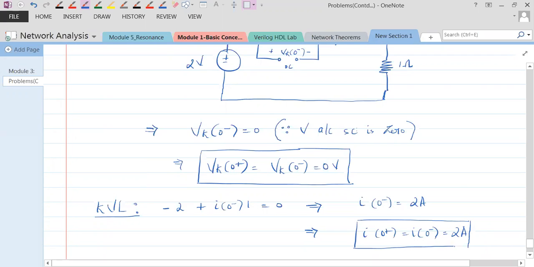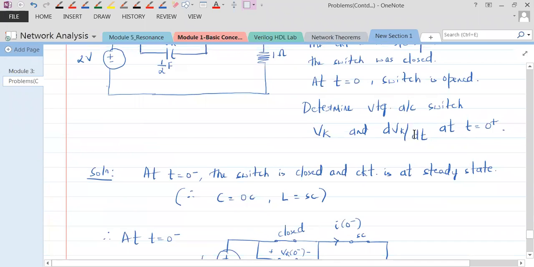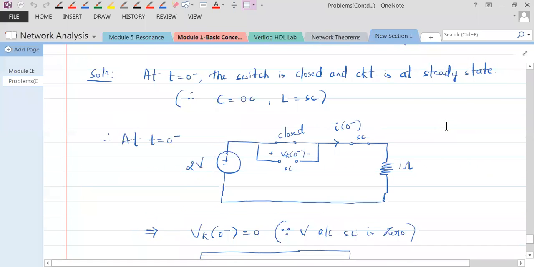Now we're asked to find out the first order differential of Vk of 0 plus, that is, d by dt of Vk at t equal to 0 plus. Now, where will you find out the first order differential of the voltage? Everybody just understand here what we need to do.